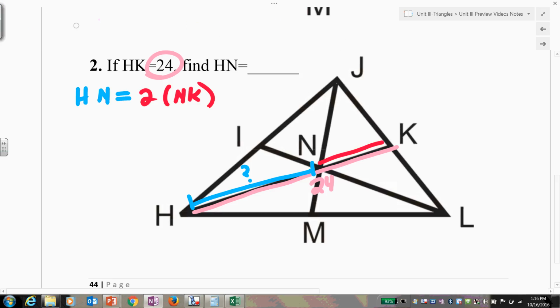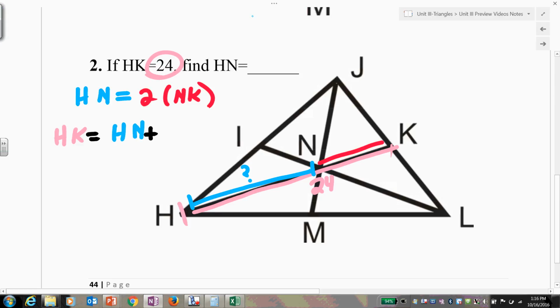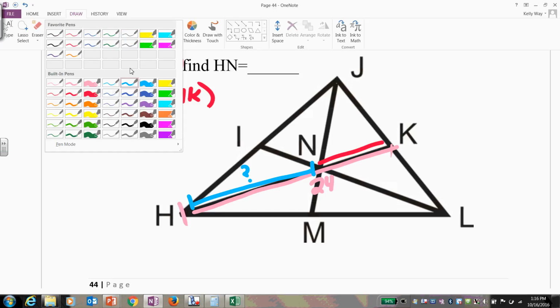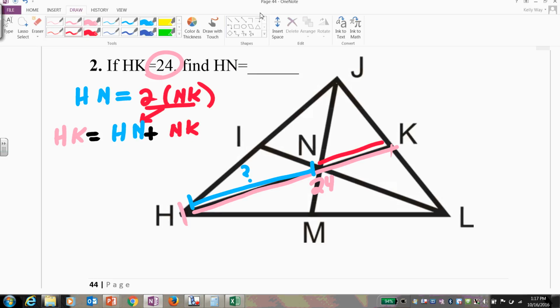We also know this is true, that H all the way to K is equal to the blue HN plus the red NK. Problem is we don't have HN here. But we do know that HN can be replaced with 2 NK. So look what we can do here.